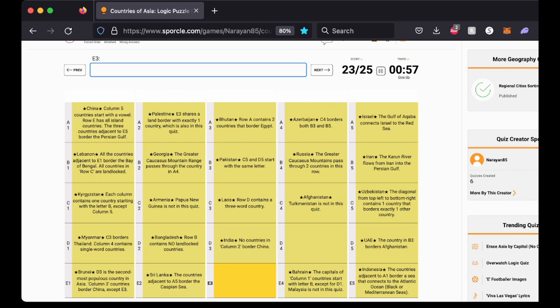E3 shares a land border with exactly one country. Malaysia's not in the quiz.